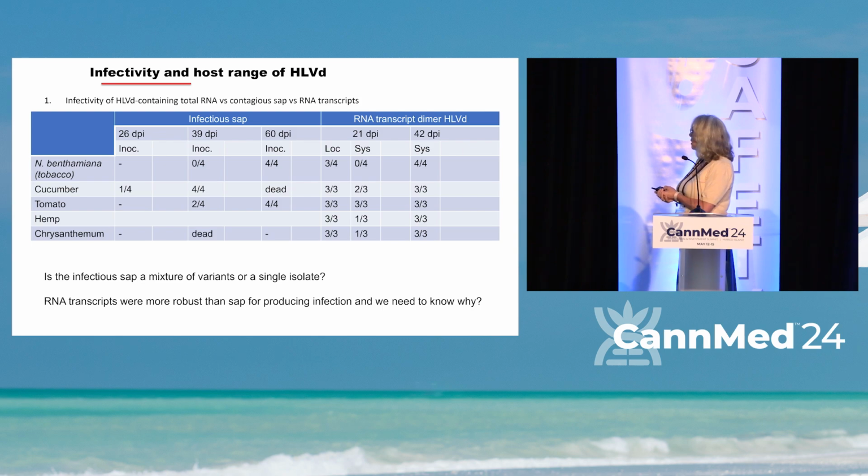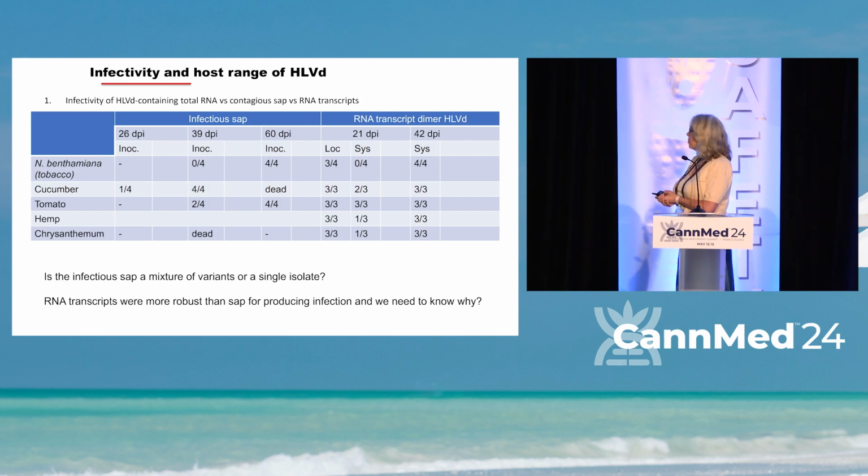And as you can see, when we're looking at inoculated plants at 26 days, 39 days, and 60 days, and then when we use our own in-house infection system at 21 and at 42 days, we see 100% of our plants are infected systemically and 100% of our plants are infected locally, whereas the infectious sap is a little slower at producing infection in some hosts. So we're comfortable with our technologies. We're able to move forward.